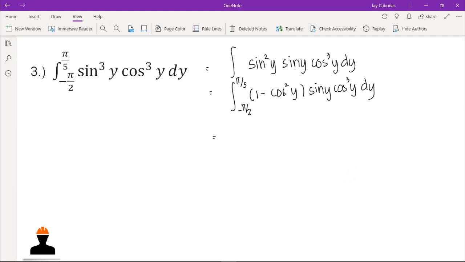Now, in this case, we can distribute sine y cosine cube y inside our quantity or our parenthesis. So we multiply sine y cosine cube y to 1, this one.